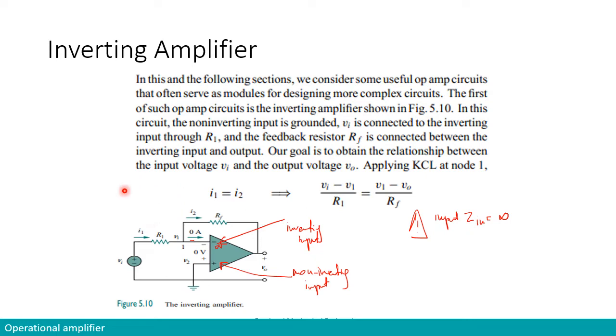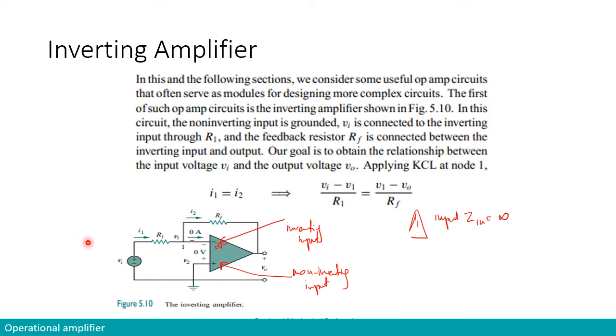So that's why we write I1 equals I2, and as we don't know what I1 and I2 are, we will look into these parameters. I1 is basically the current that goes through resistance number 1.